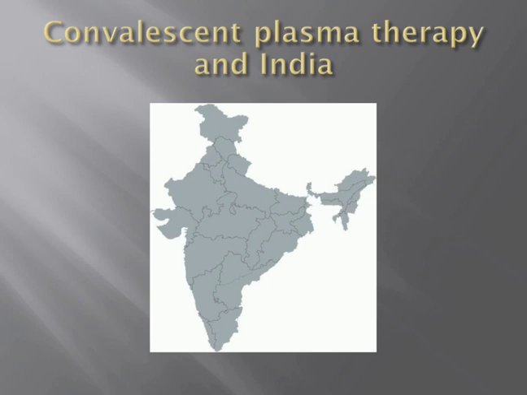When any new treatment intervention has to be implemented in India, we have to get permission from the government body called ICMR, that is, the Indian Council of Medical Research.